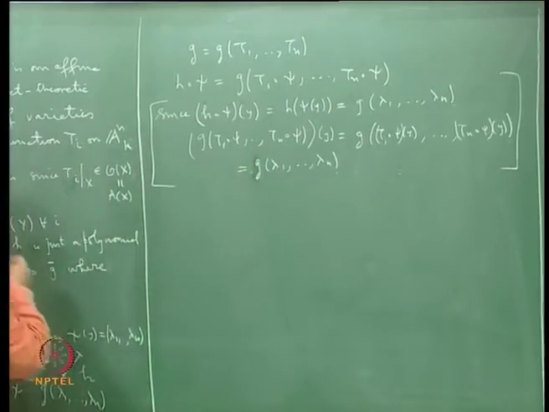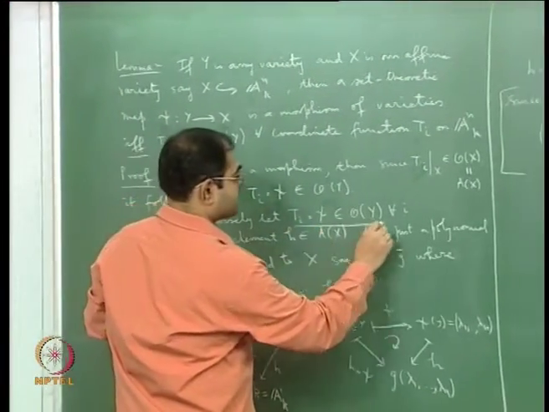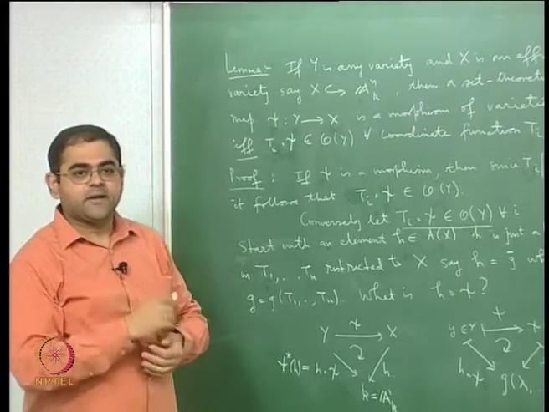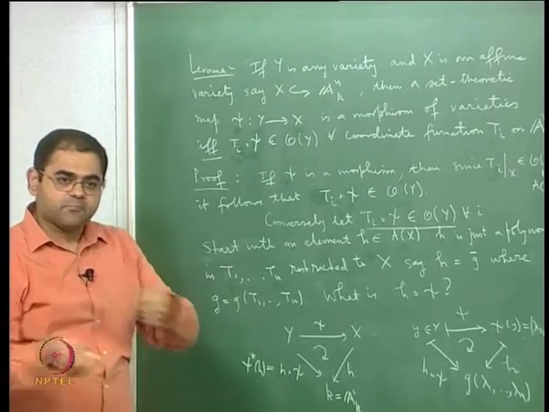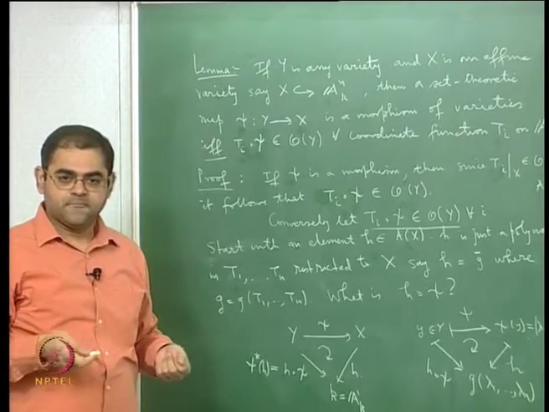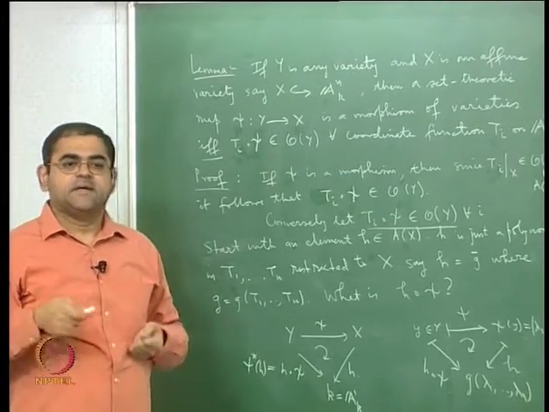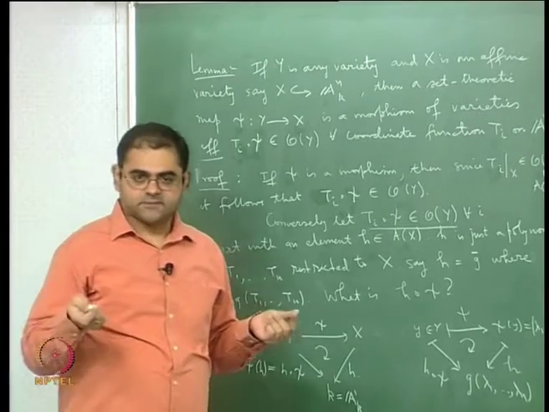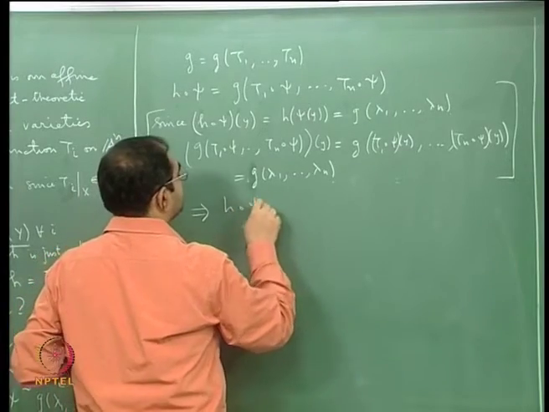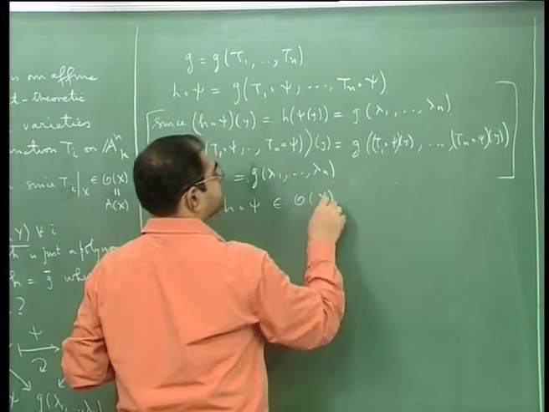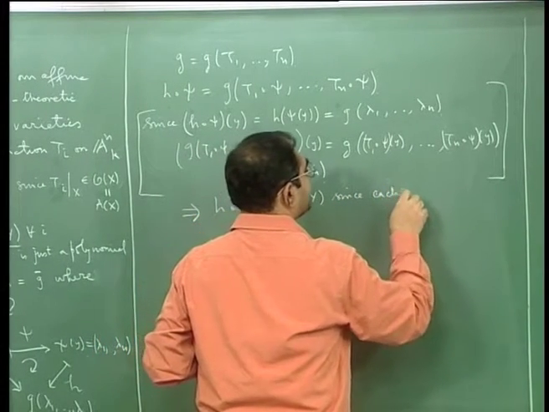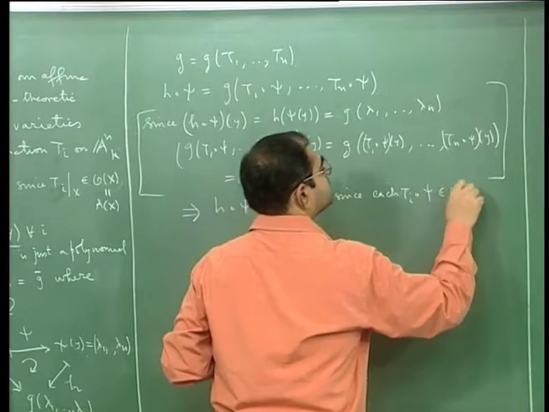But what are these functions? They are already given to be regular functions on y. Each Ti circle psi is already a regular function on y, and so if you give me a bunch of regular functions on y and write a polynomial in those regular functions with coefficients in the field, the result is again a regular function, because sum and product of regular functions is again a regular function, okay. So all this will tell you that H circle psi is in O y, since each Ti circle psi is in O y.